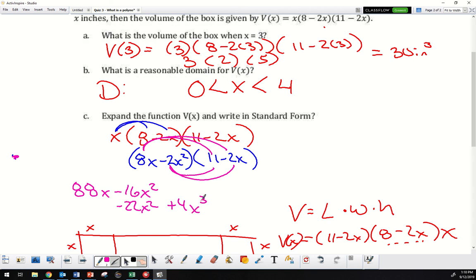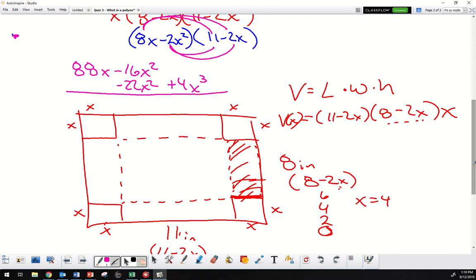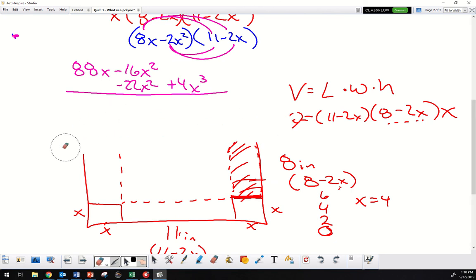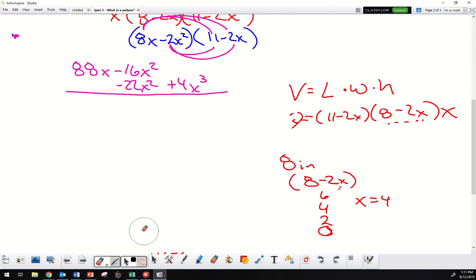So I go ahead and combine my like terms, and I'm going to clear off my work right here. If you need the diagram again, back up the video. So I combine those together, and it's going to be 88x minus 38x squared plus 4x cubed.